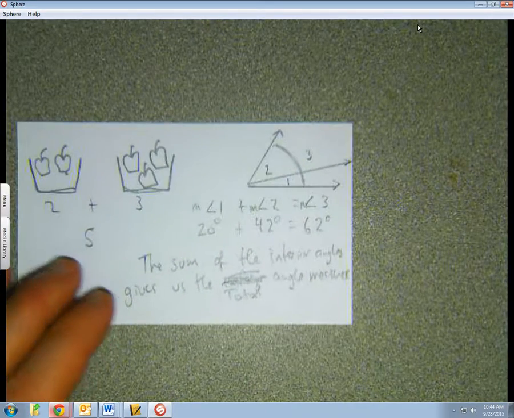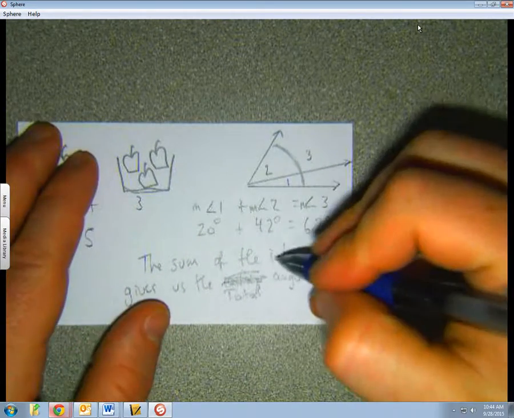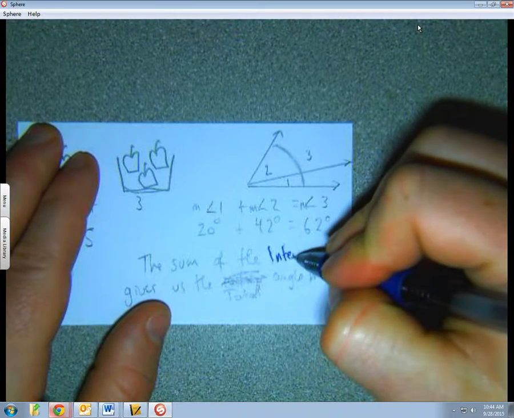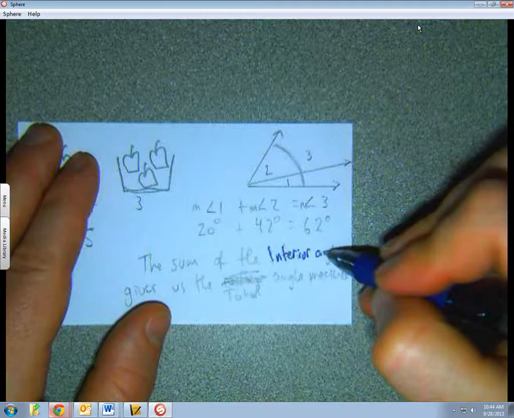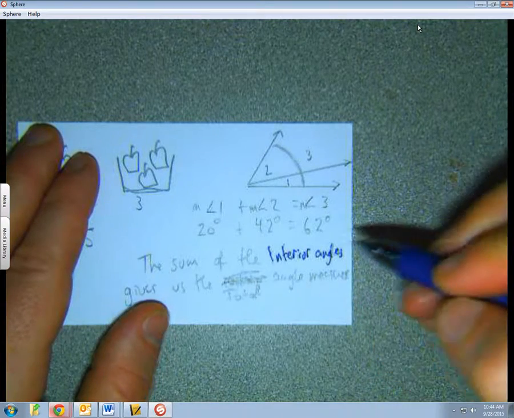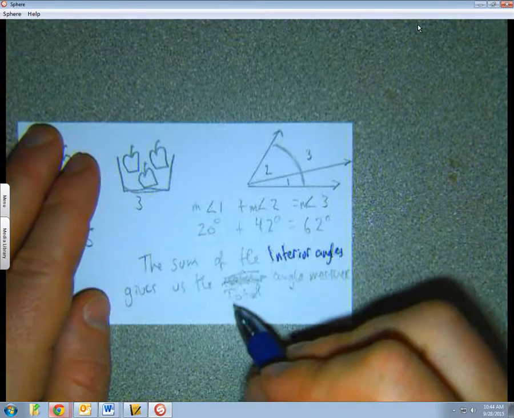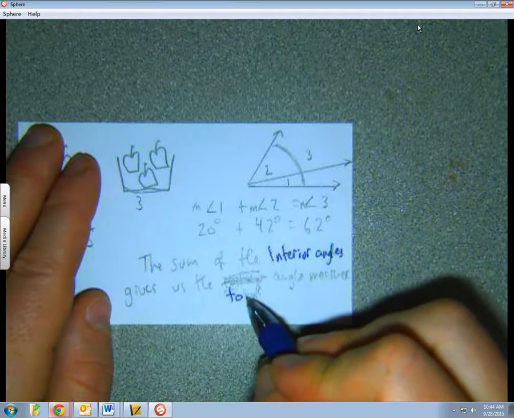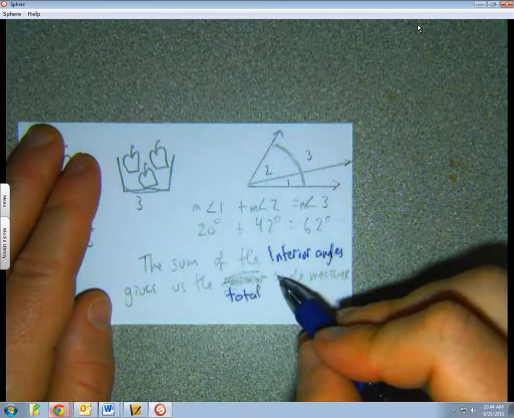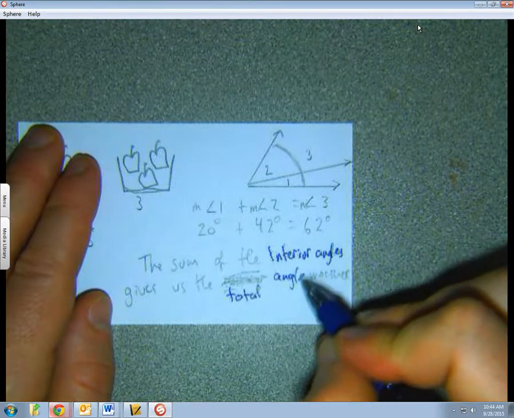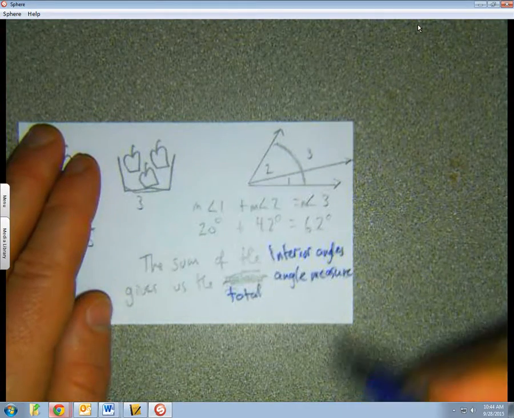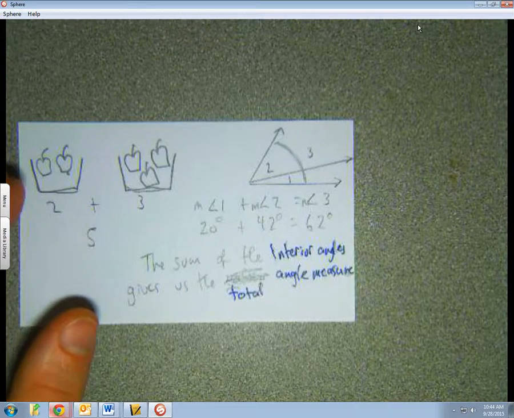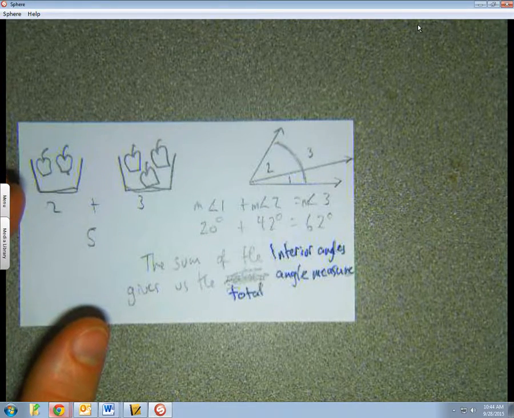So the sum of the interior angles gives us the sum of the total angle measure.